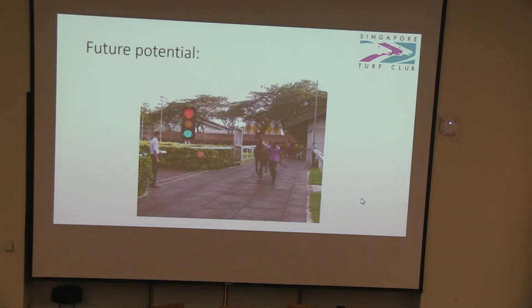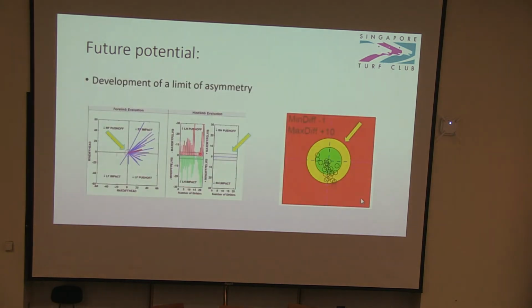So what's our future potential? How can we use this technology if we get over some of those limitations? Well, the first thing we need to do is develop a limit of asymmetry. We need to know how big the circle is for a racehorse, how wide these lines should be for a racehorse, and how big the green circle is for a racehorse.